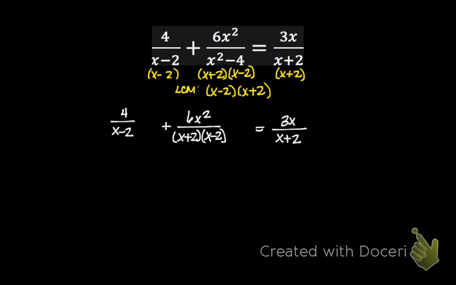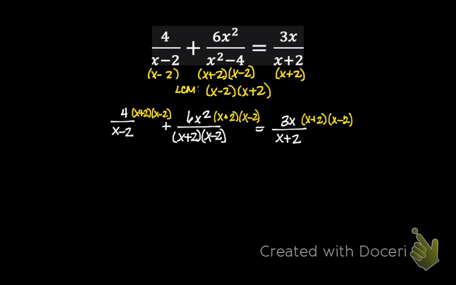Now, our LCM was x plus 2, x minus 2. So every single one of these, I'm going to multiply only in the numerator by the entire LCM, x plus 2, x minus 2. It doesn't matter if it already has both of them or if it's not missing anything. You're going to multiply by the same thing on all 3 fractions.